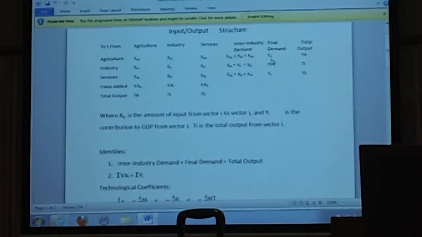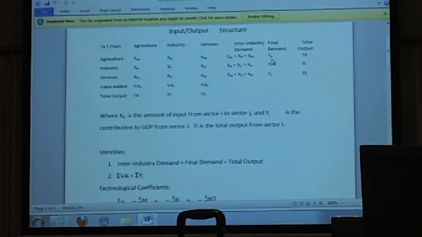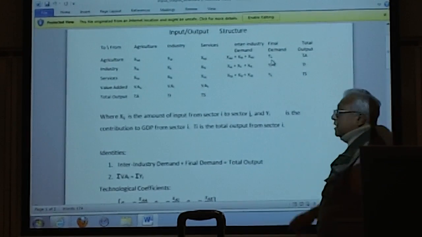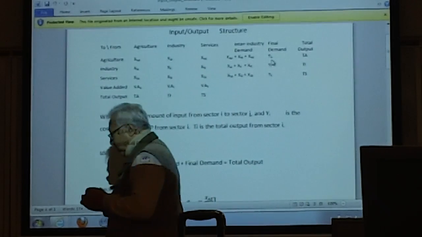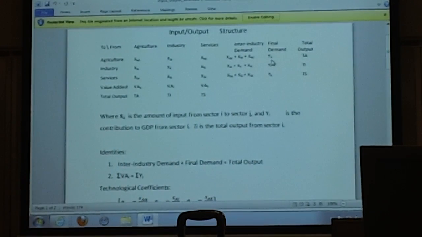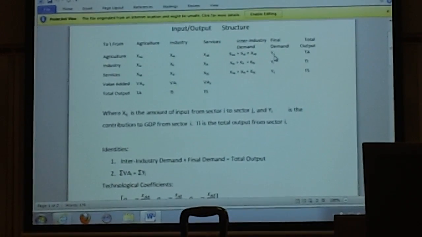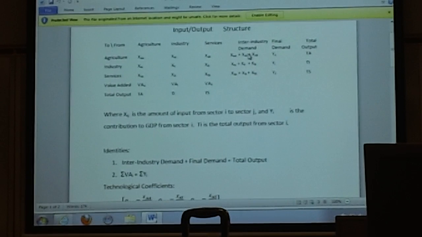Supply of GDP has to equal demand of GDP. So this is what we're looking at here. YA, YI, YS. When you add those up, you get total GDP. Now, when you add this final demand to the inter-industry demand, you get the total output of agriculture, TA.